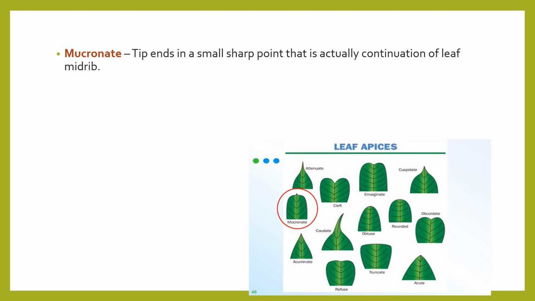Okay, it is called mucronate apex. In mucronate apex, you can see the tip ends in a small sharp point, a continuation of the midrib.